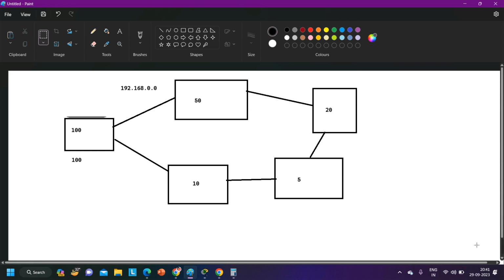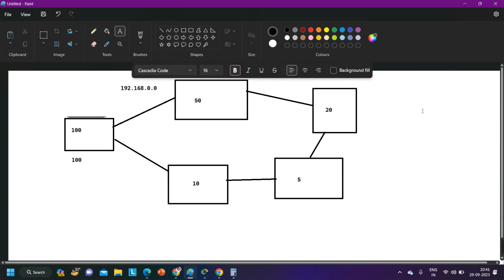Again, you have to take one network and 5 subnets. The network should be 1 and the subnets should be 5.